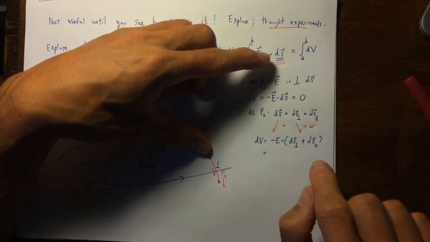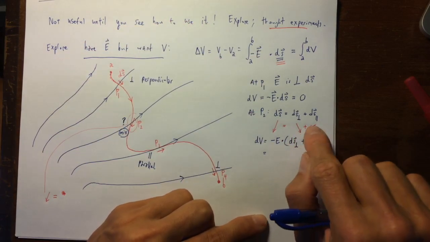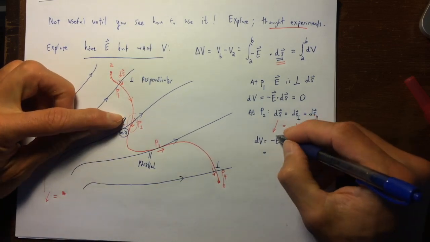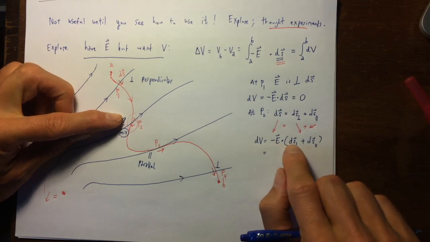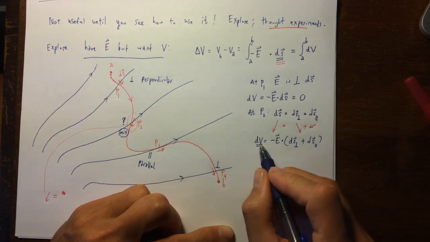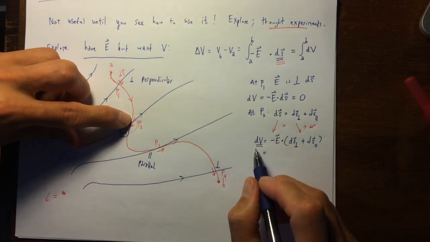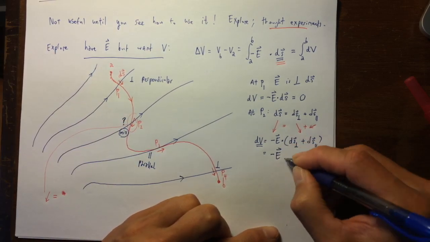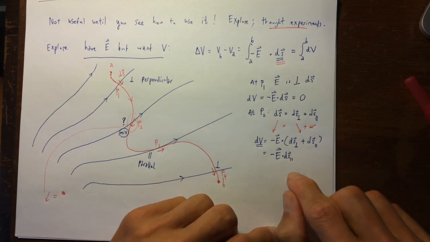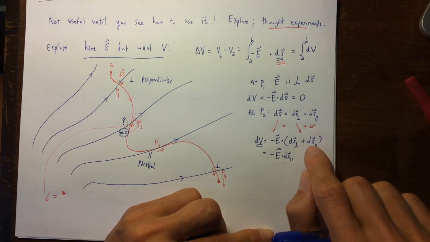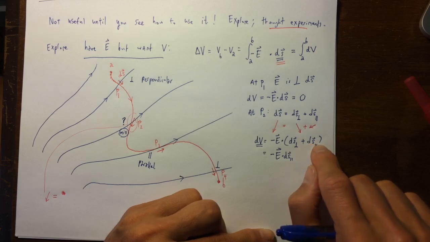And we know that when you do the dot product between the perpendicular part and E, it's just 0. So the only contribution to a change in the potential as I move across the field line is given by ds parallel. That is, the dV accumulates only based on having directions in common with the electric field.